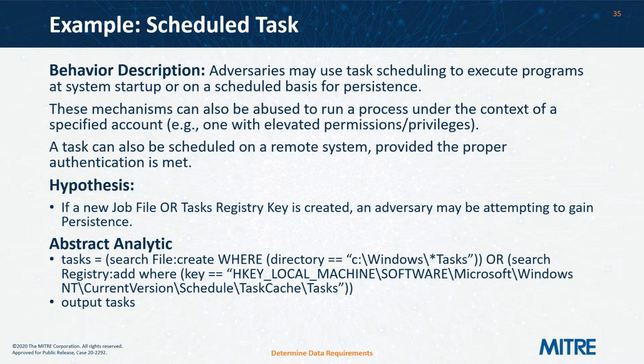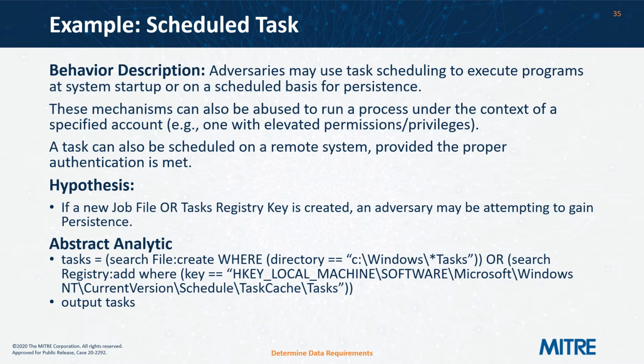Let's return to our example technique of scheduled task. As we've discussed in previous modules, adversaries may use task scheduling to execute programs for persistence, or to run a process as a specified user, or to execute a process on a remote machine.